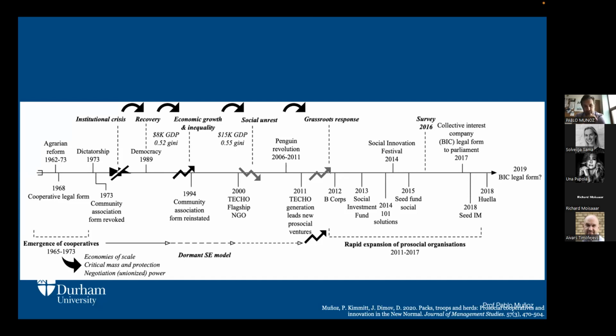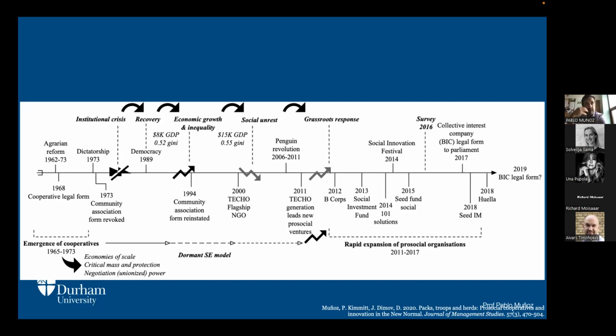So if you know something about Chile, perhaps it's the 1973 to 1990 dictatorship, and how things changed during that time, and how that influenced associations and cooperatives. The social industry obviously disappeared, and the social economy also disappeared from the country.